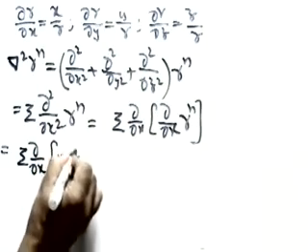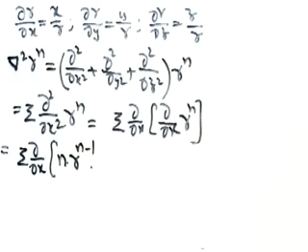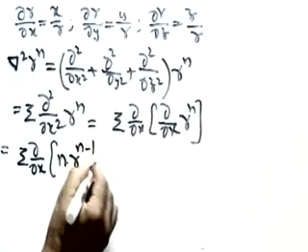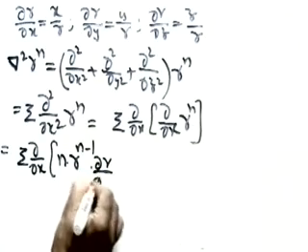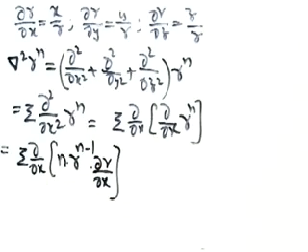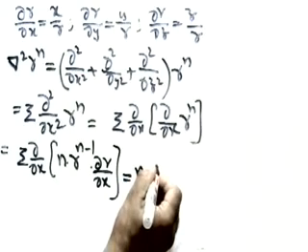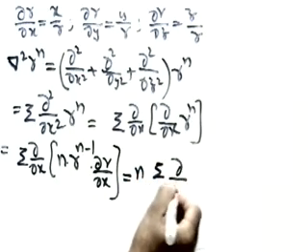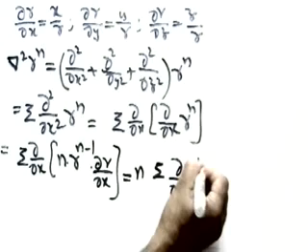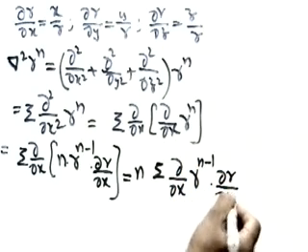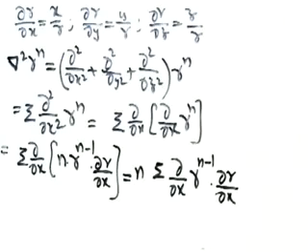Now d by dx of x power n is n into x power n minus 1. But we are differentiating with respect to x, and here we have r, so we have to write dou r by dou x. Now n is constant, take this outside: n into sigma dou by dou x of r power n minus 1 into dou r by dou x.